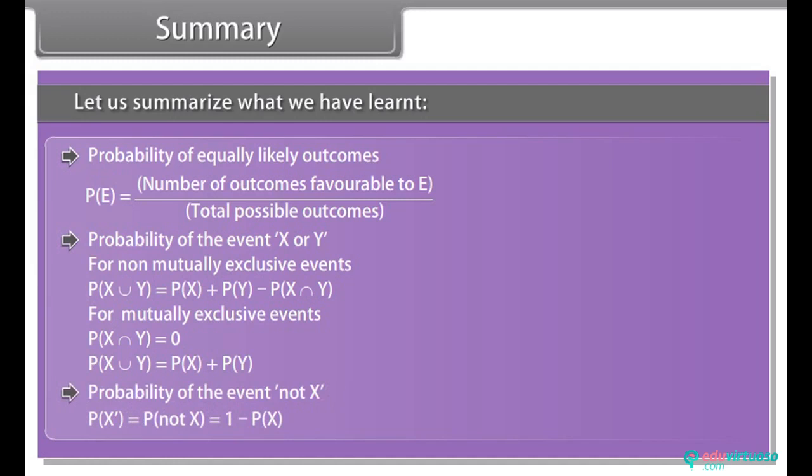Probability of the event not X. PX dash is equal to P not X is equal to 1 minus PX.